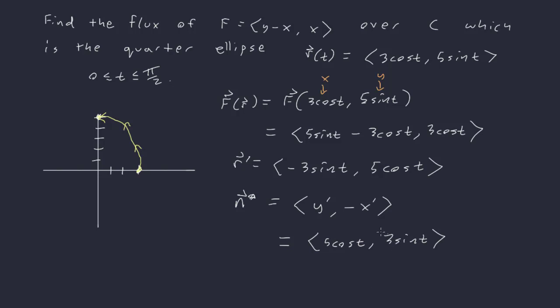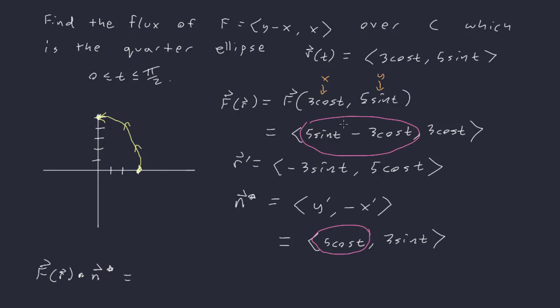Now we have the wonderful task of taking the dot product of these two. So F of r dot n star is going to be, well, we'll multiply the x components of these two together.